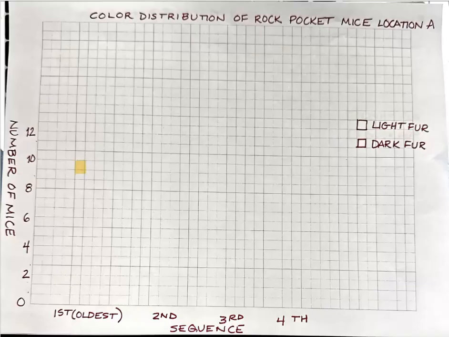So I'm going to take this column and fill it in up to 10. I'm not going to do all of this with you because you guys have to learn how to graph. Okay, and then since I'm using yellow, I'm going to make sure that I color in my light box yellow. Okay?